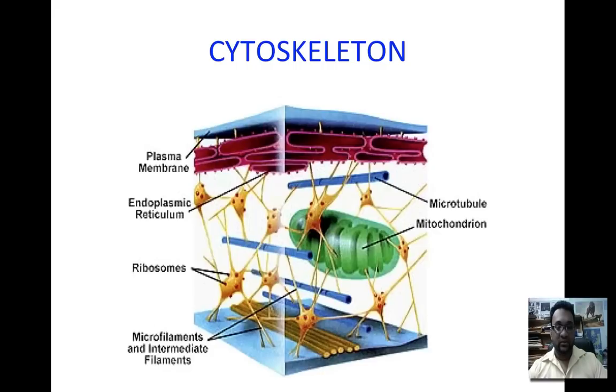All right. Also, the cytoskeleton is used to transport organelles from one part of the cell to another part. So if you see like the mitochondria, it's hooked up to the cytoskeleton, and then the cytoskeleton is going to move it along the cell.